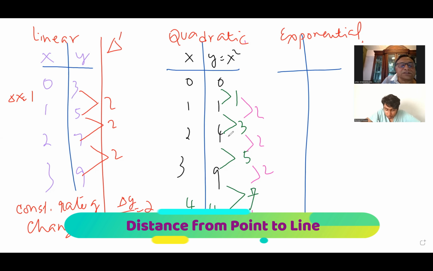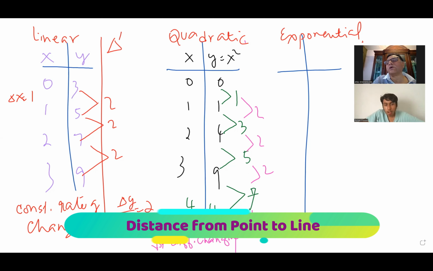As far as the first difference is concerned, it is changing at a constant rate, right? Yeah. So it is 1, 3, 5, 7, correct? Yes, sir. So it is changing.